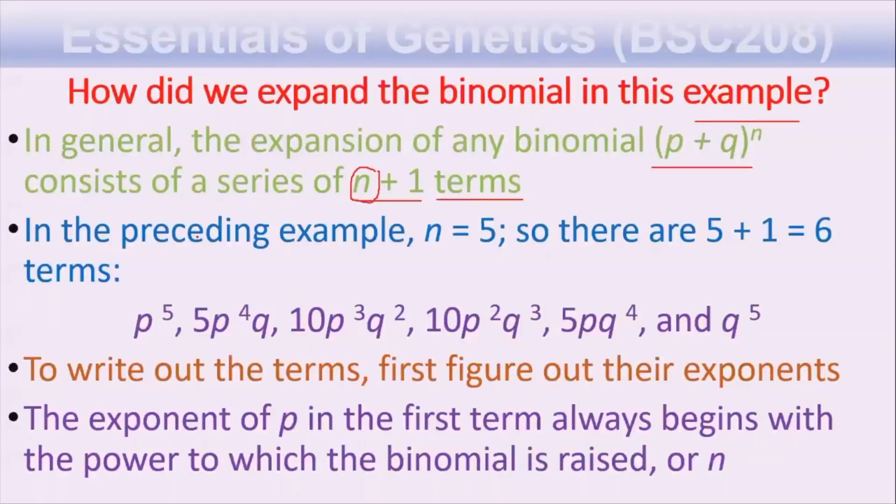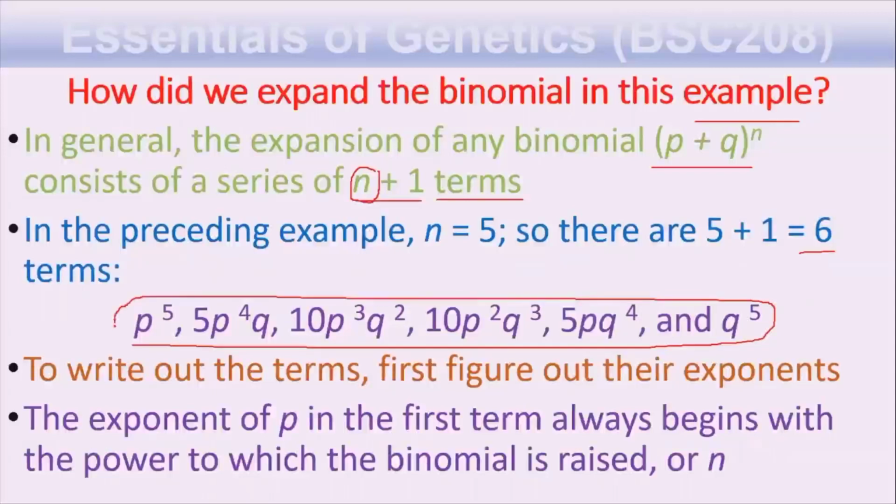In the example of albinism, in which two children were with albinism and three were with normal pigmentation, there are a total of 6 terms, and these 6 terms are the result of the expansion of that formula. So we can easily expand this. These are the 6 terms: p raised to the power 5, 5 into p raised to the power 4 into q.